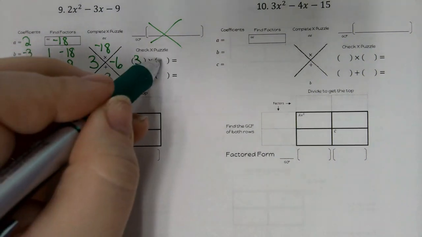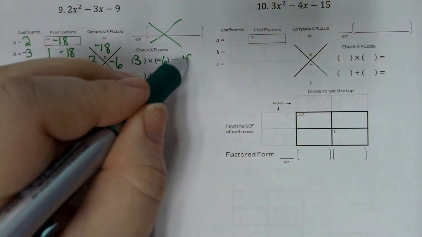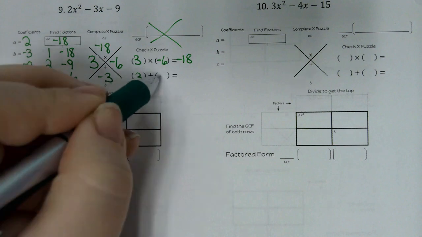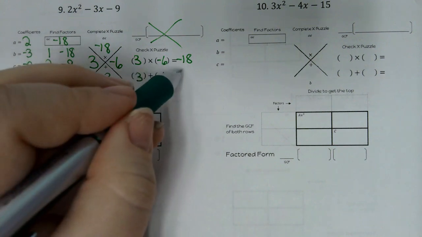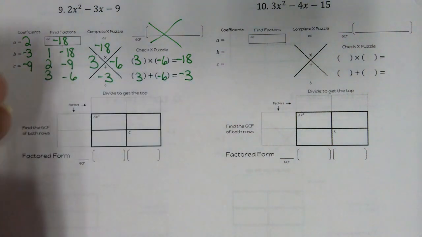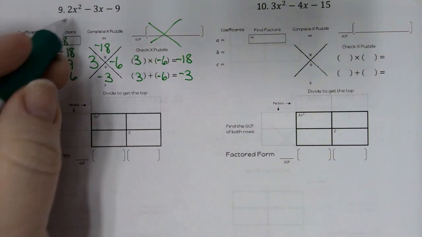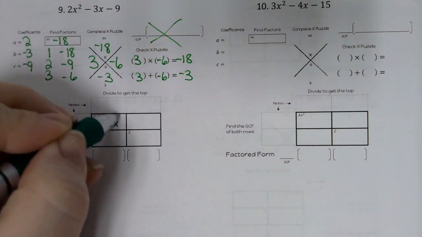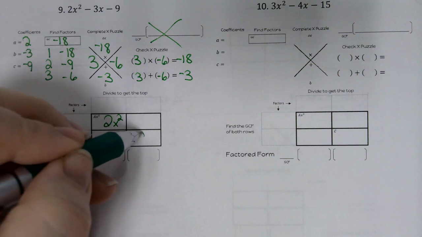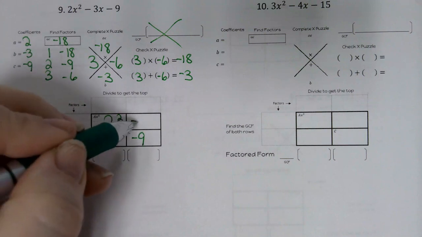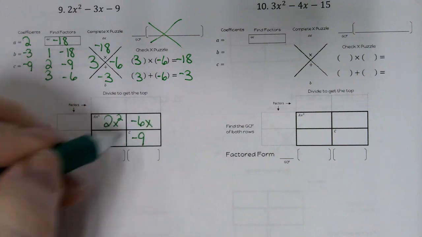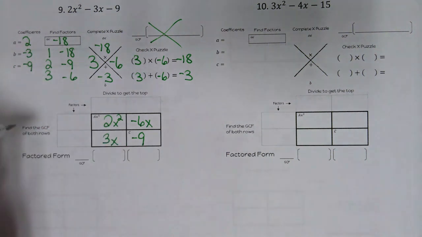Quickly check at least mentally to see if they multiply and that they add to be what you need them to be. Since they do, we'll put our first term in the first box, last term in the last box, and negative 6x and 3x will make up the end.